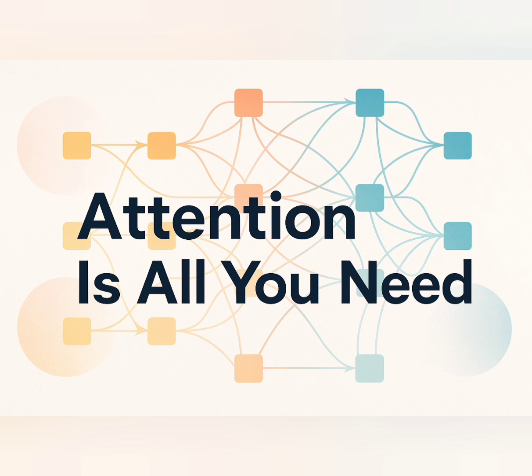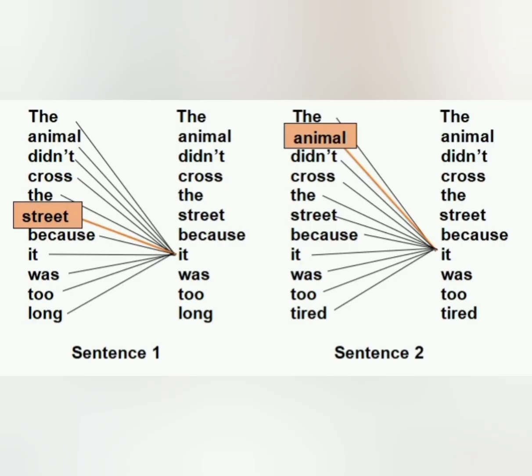Attention. Earlier language models looked only at the last few words, so they forgot the context of the sentence. But attention changed this. Instead of reading the text from left to right, attention allows a model to look at all the words at the same time and decide which words matter more.